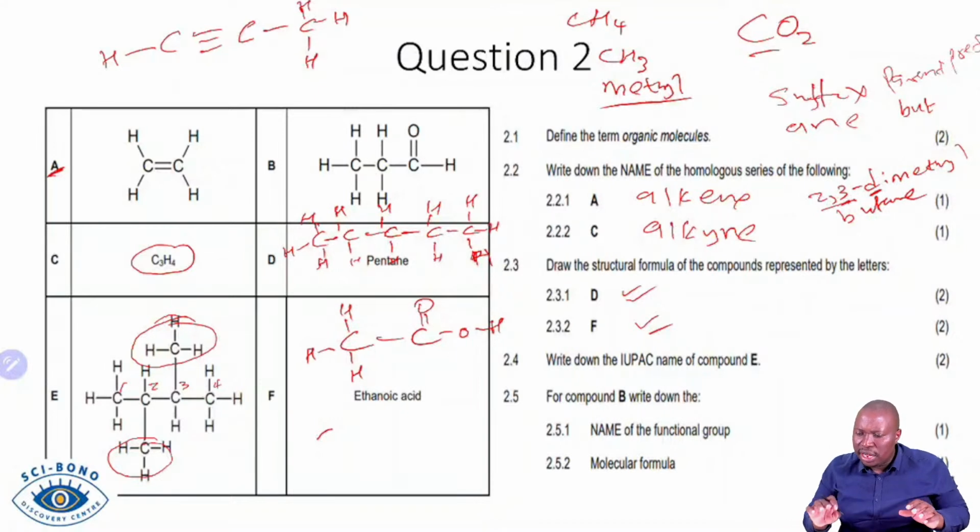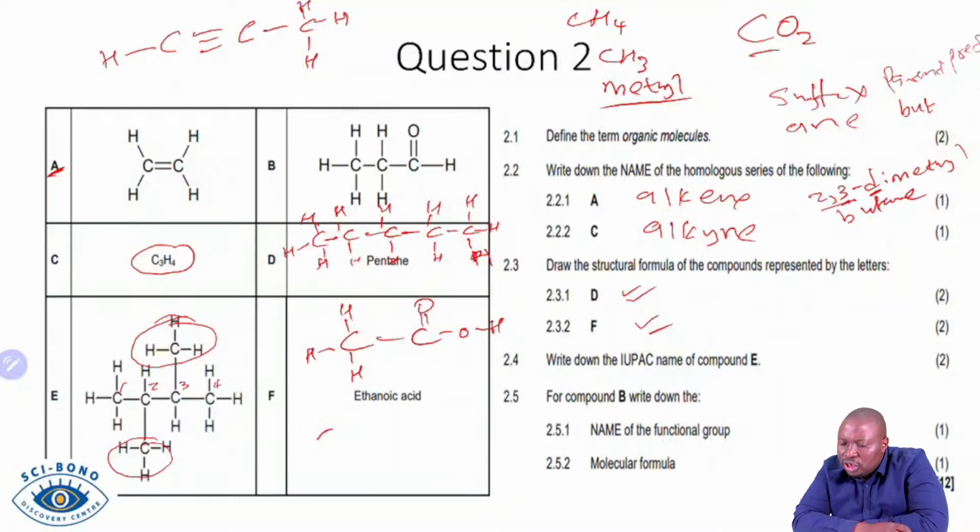Ensure that you are able to get each and every mark, because each and every mark is important. Remember, we have 47 marks that comes from here, which is your 62% of your paper. So you ensure that you do well in organic chemistry, then you will know that paper 2 will be the simplest topic for you. So you are able to get your 2 marks there for writing 2,3 dimethyl butane.